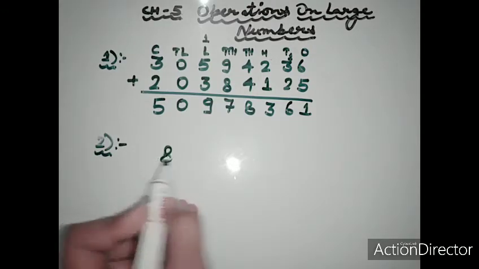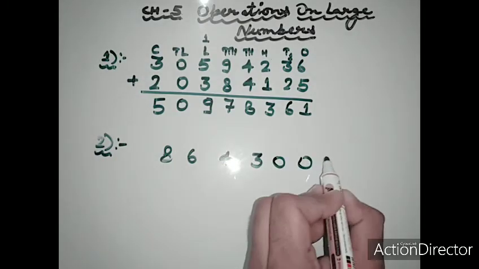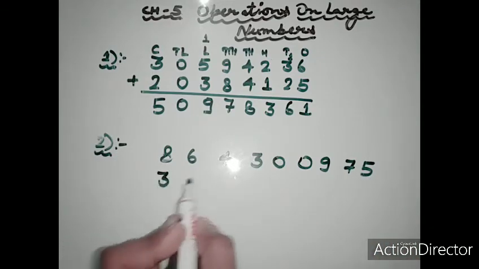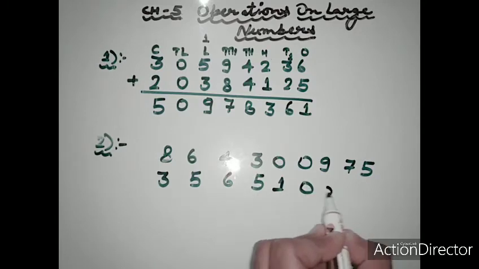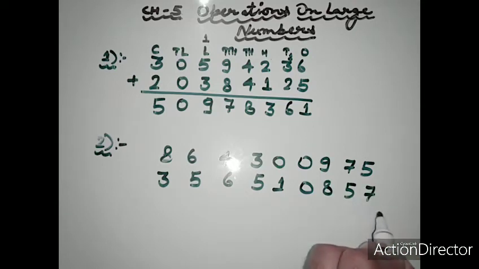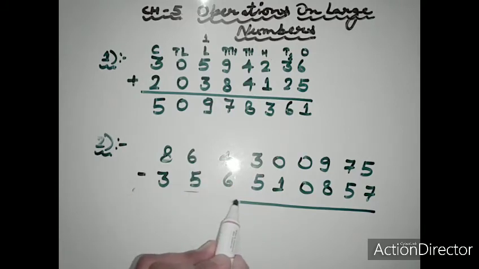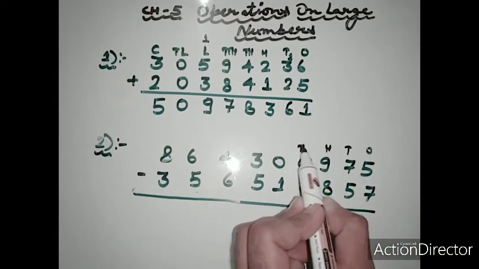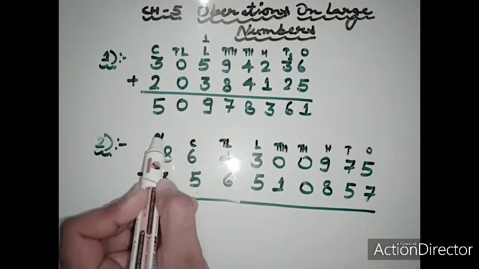Now we take another example here and here we subtract two numbers, right? So here we write 864300975. Now the second number, 356510857. Now here we write the places of these numbers: ones, tens, hundred, thousand, 10,000, lakh, 10 lakh, crore and 10 crore.